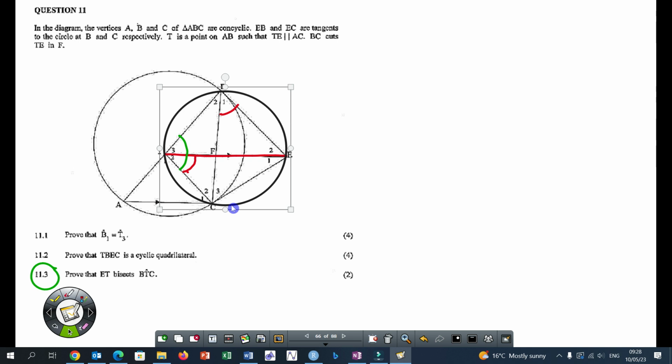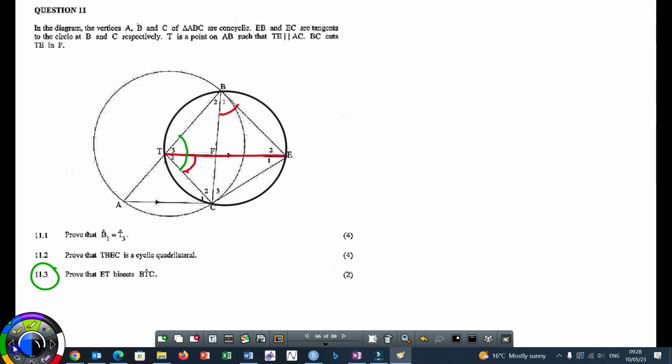That's what we are talking about. Can you pay attention? When we say TBEC is cyclic, what that means is point T, point B, point E, and point C will be on the circumference. The circle is invisible. I've added it there. It's invisible, but it can be what? Drawn. Okay? So, we are done with that question.